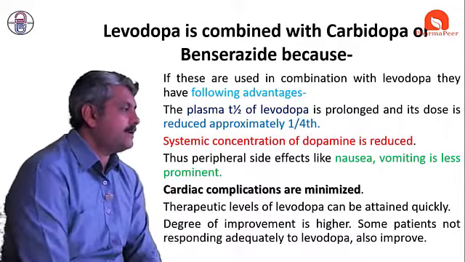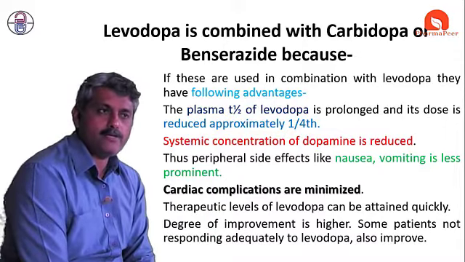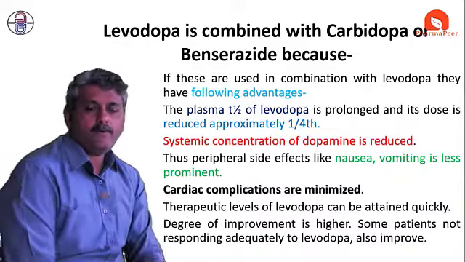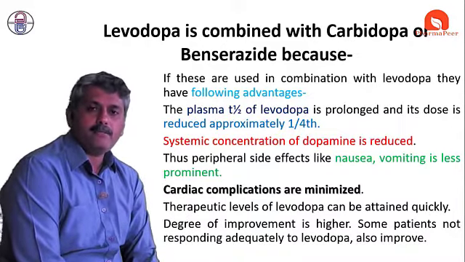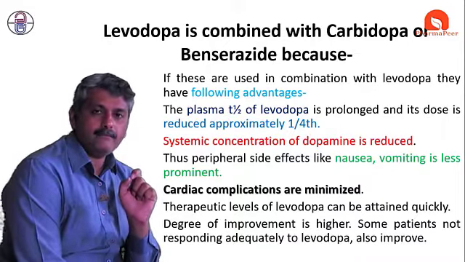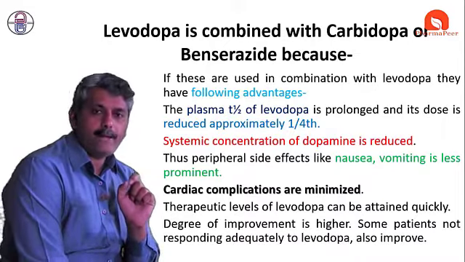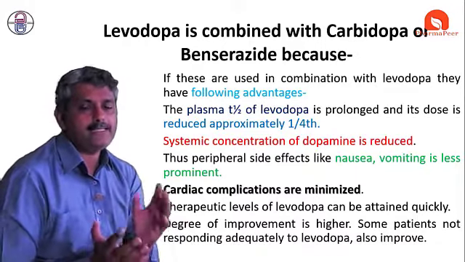So this is our today's chapter, drugs acting on anti-Parkinsonism. What are the important points under this chapter? The first is the basic concept about Parkinsonism. What is the basic cause? It is a lack of dopamine, an imbalance of dopamine and acetylcholine.